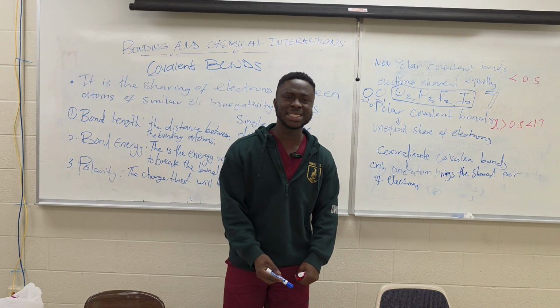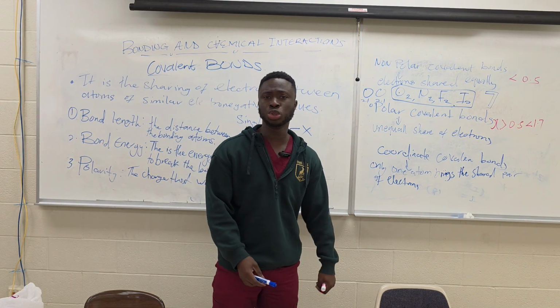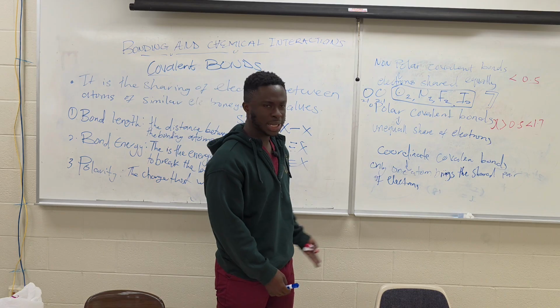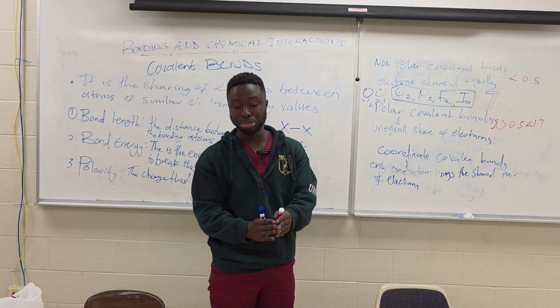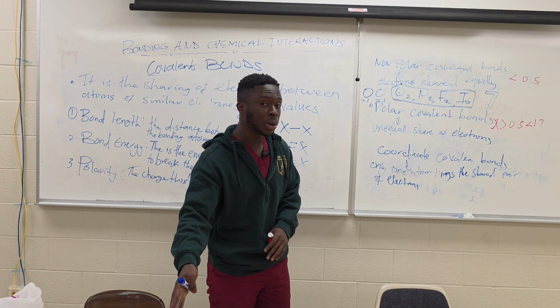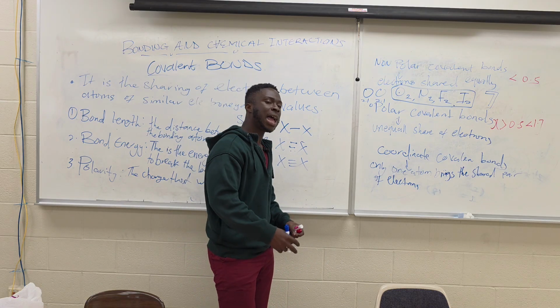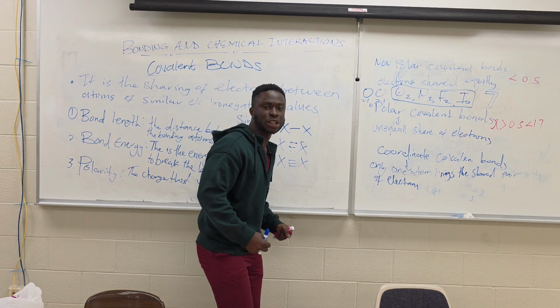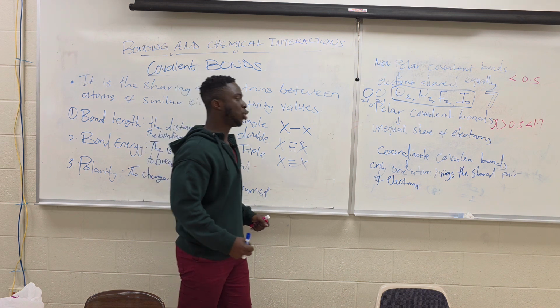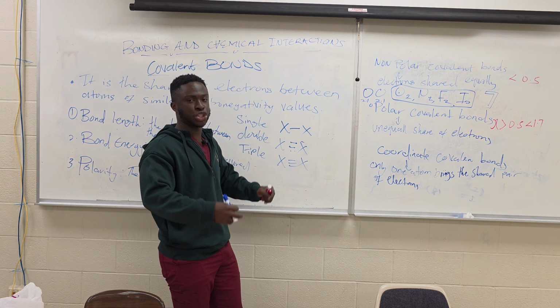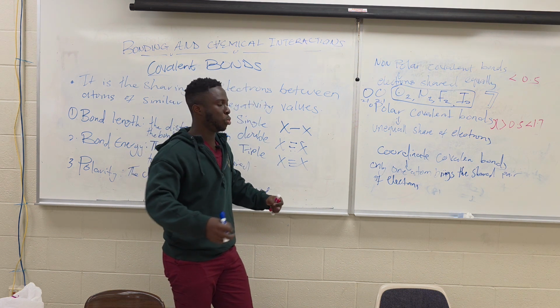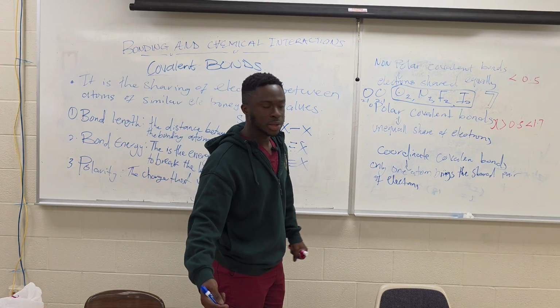Lewis acids are what? Electron pair donors, right? So anything that brings the electrons in a covalent bond is a Lewis acid. And the base is the electron pair acceptor, so the other species that is accepting the electrons would be the Lewis base.